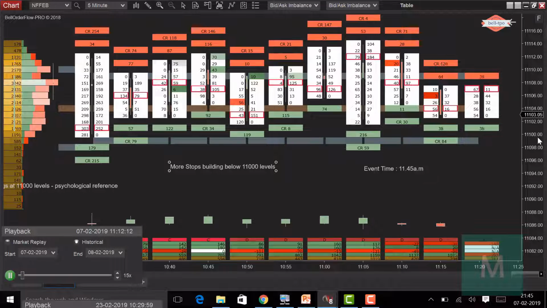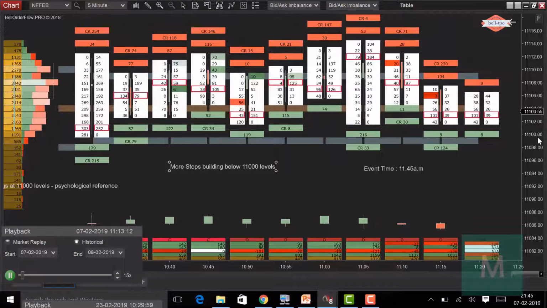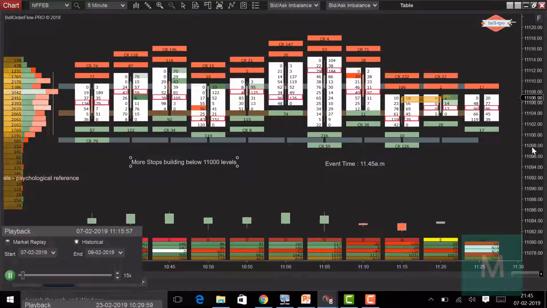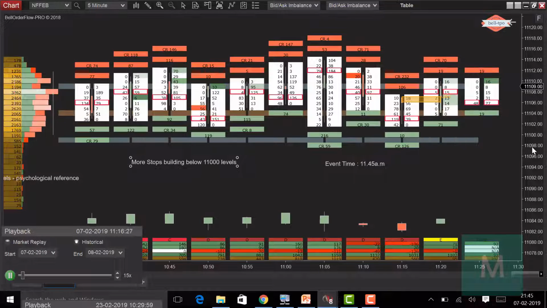Almost pretty close to the stop. There is no absorption here. See that there is no absorption, so you have to be really careful. Until then, a lot of absorption happened sometime back. Price is going up with no absorption.